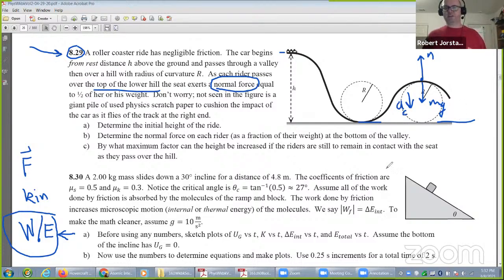Once you identify those things, the fact that we're going to use that equation, U initial plus K initial plus work external non-conservative, if it exists in this problem, equals E final. I'm running out of room. That's K final plus U final. Once you identify that, the rest of the problem is easy, pretty much, right? It's getting your heights right, writing down your minus signs right, you're good to go.